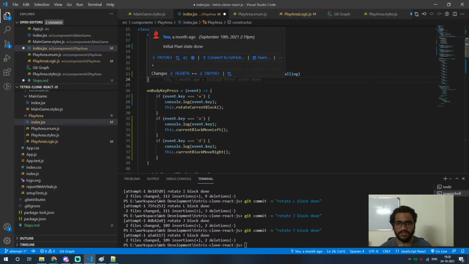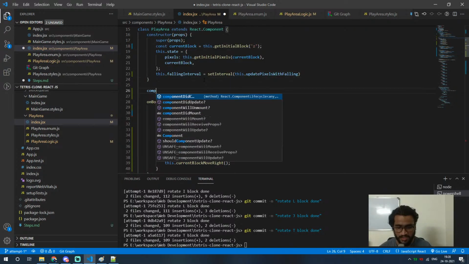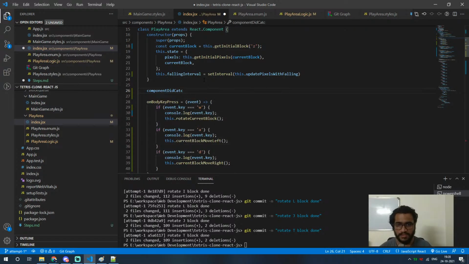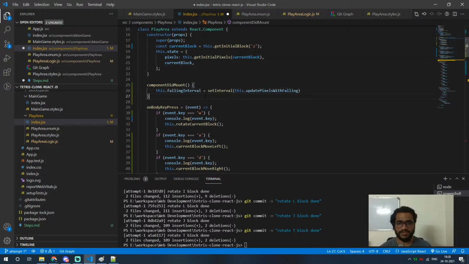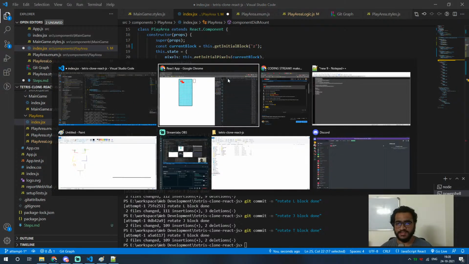Okay, I think we should shift some of these into componentDidMount, because when it mounts it would just start. What componentDidMount does, it's a lifecycle function.